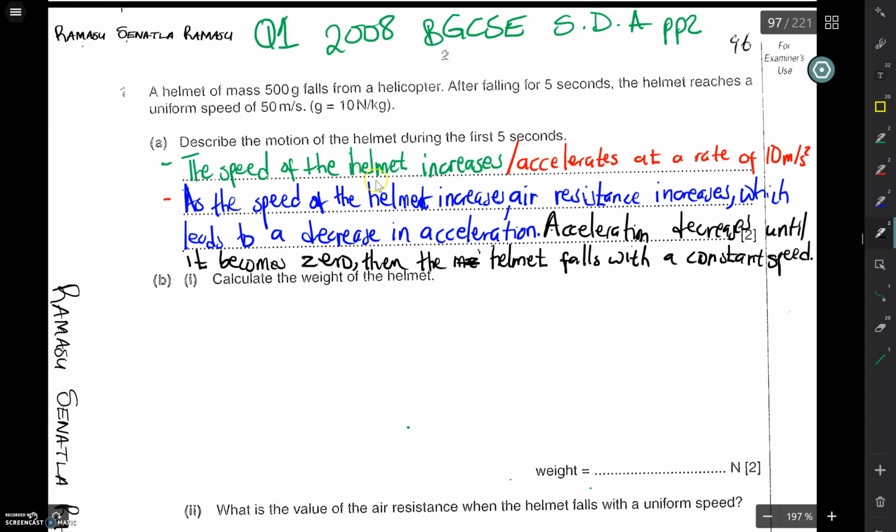So what happens here is that when the helmet is first dropped, it accelerates at a rate of 10 meters per second squared. But as the speed of the helmet increases, air resistance also increases.